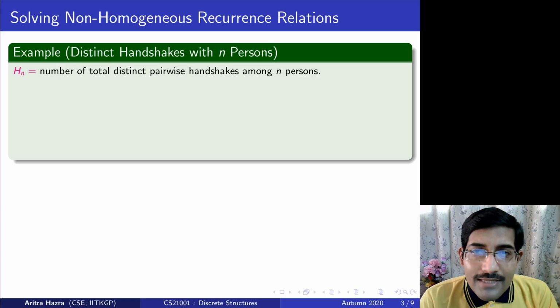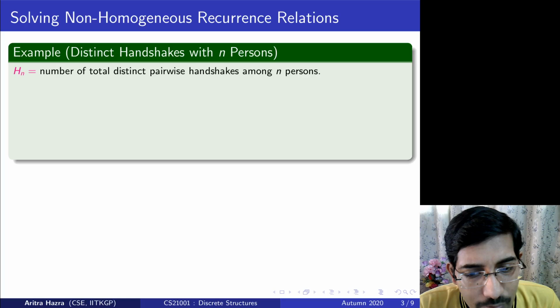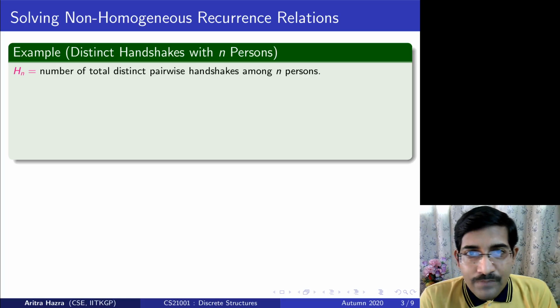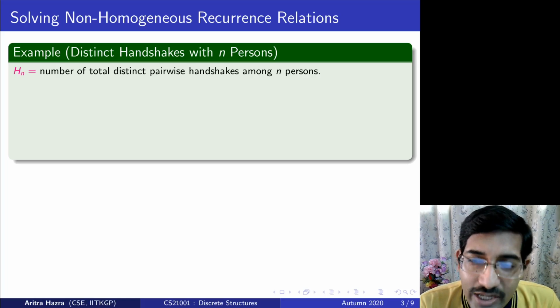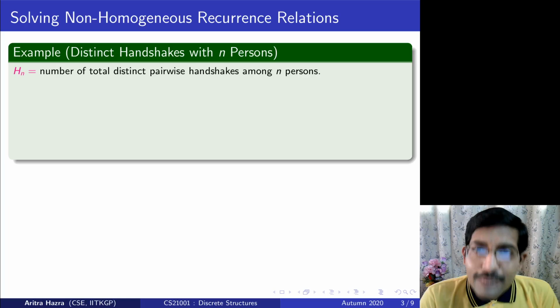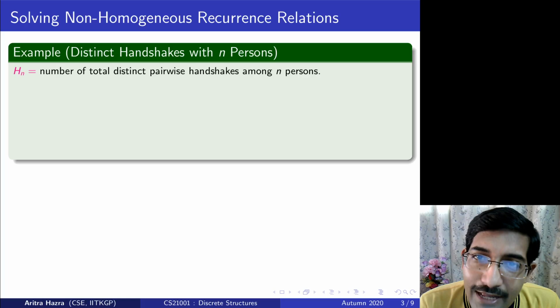So let's say I have n minus 1 persons already present in the party who have already handshaked with each other. So the number of handshakes they have made so far is h(n minus 1). Now an nth person will also make n extra handshakes than that has already been made.